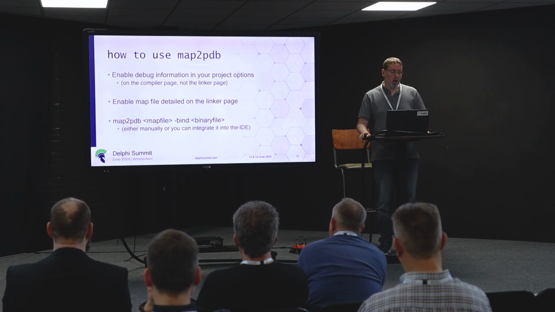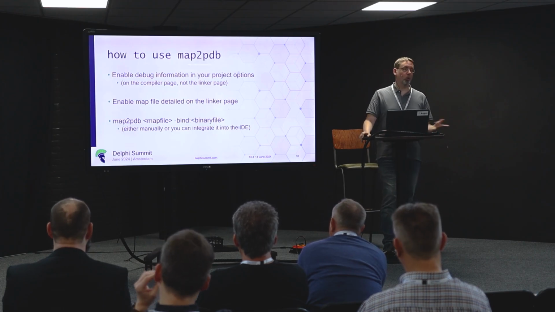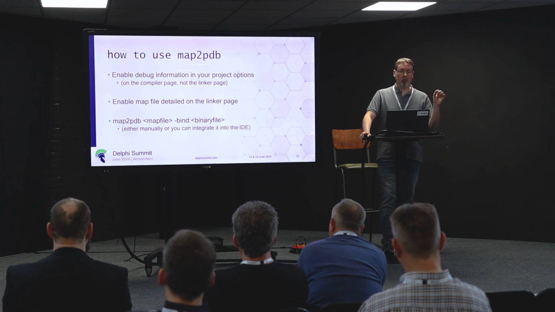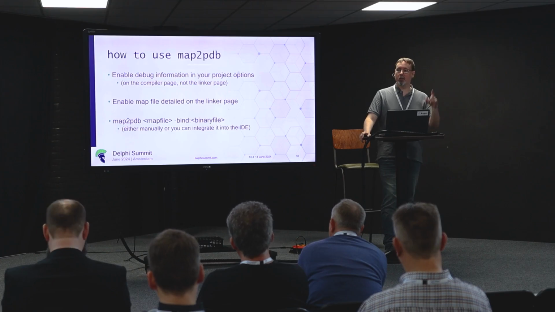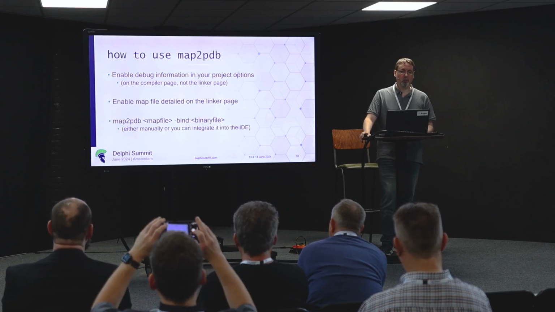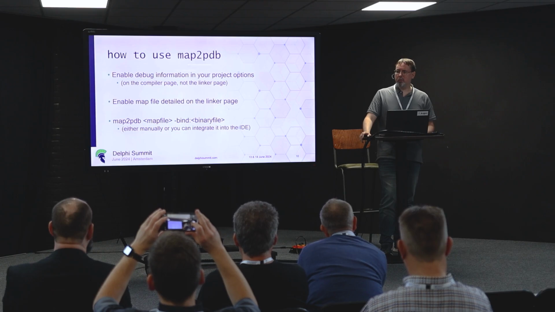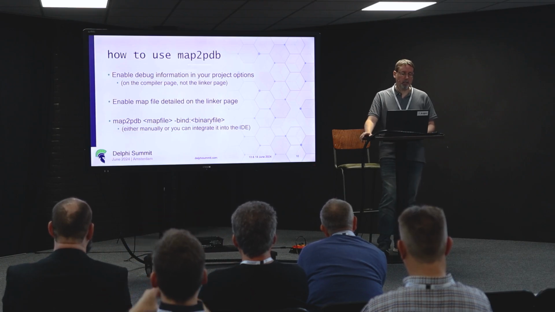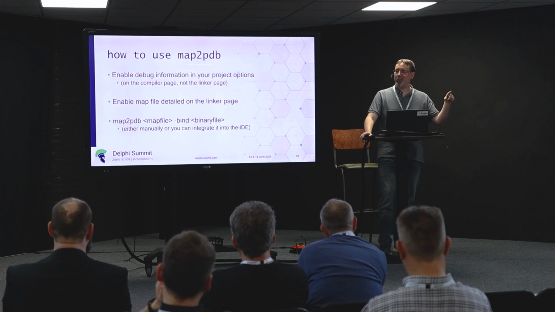So how to use it. You need to enable the debug information in your project options. Important, it's on the compiler page and not the linker page. On the compiler page, where you say debug information, there is simple debug information and full debug information or something like that, which is the option that makes the blue dots appear, if you notice.